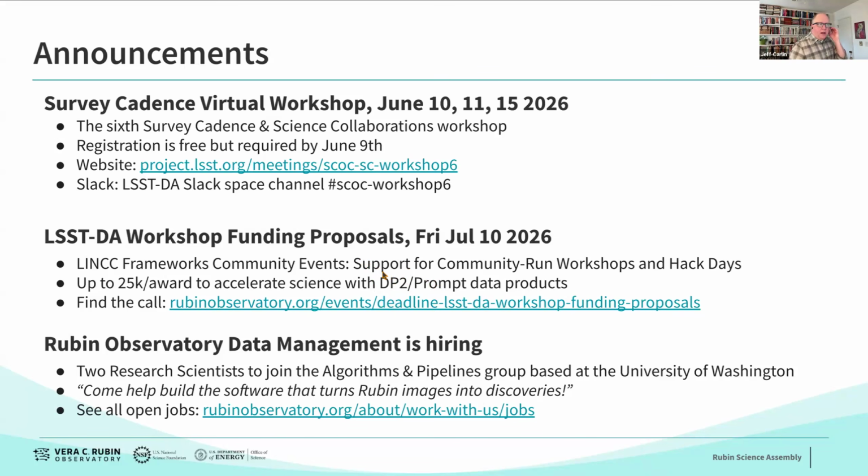Also, if you're interested in a job working on the Rubin project, data management is hiring a couple of research scientists in the algorithms and pipelines group at University of Washington. So do check that out as well if you're a software developer and would like to work for Rubin.